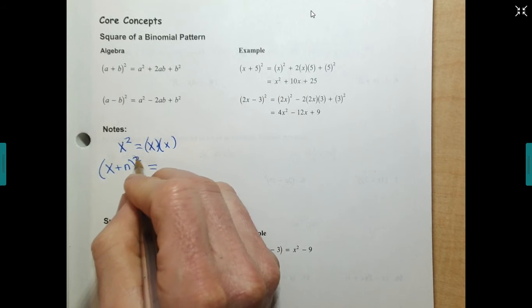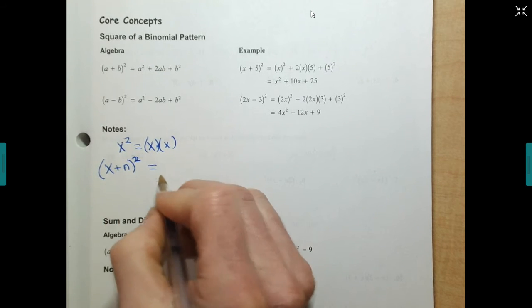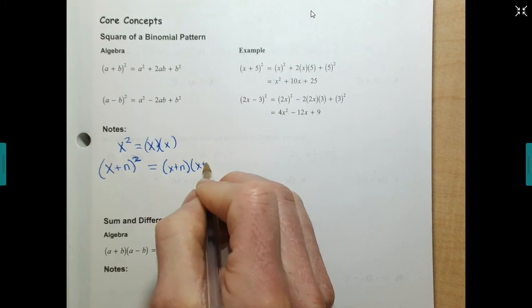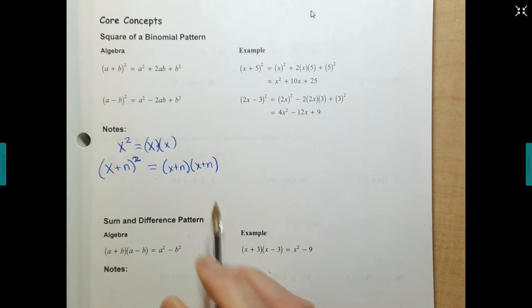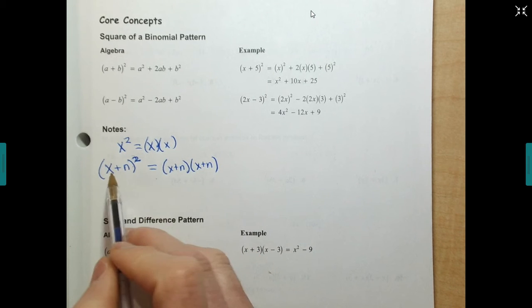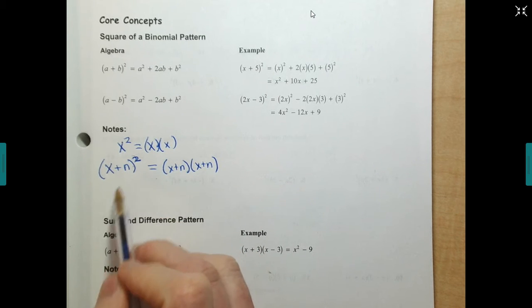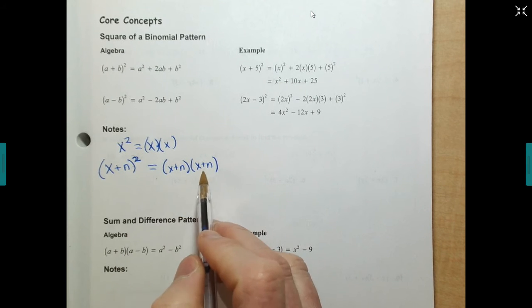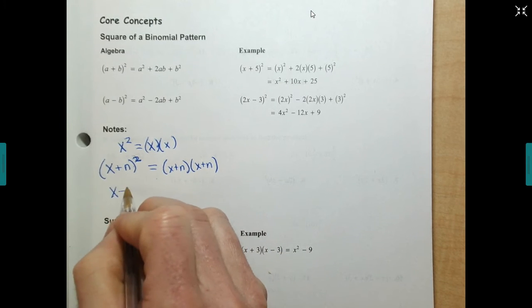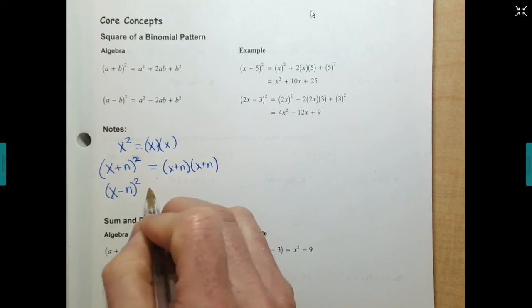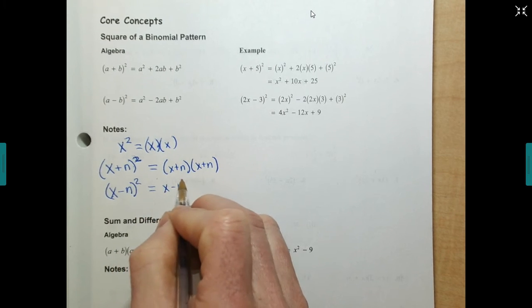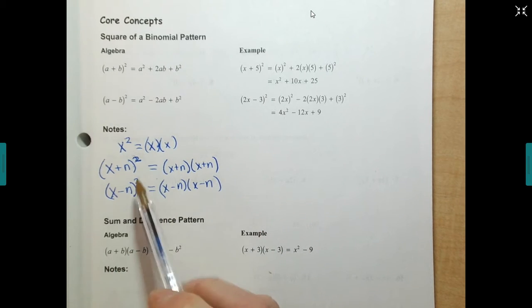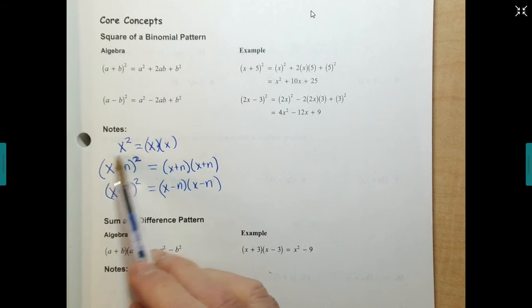Since the squared is attached to the parentheses, it means the whole parentheses, x plus n, is what's squared. And this is much different than x squared plus n squared. So if you get something like this, you have to write it all the way out. If you have (x minus n) squared, well, that's going to be x minus n times x minus n. So make sure if it's squared, you don't just distribute the square through.